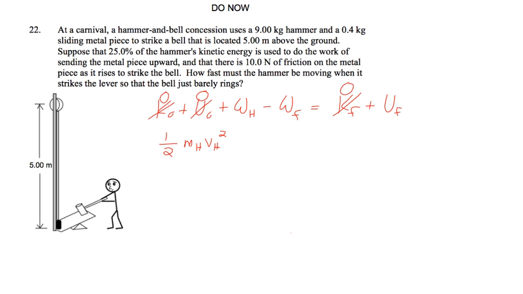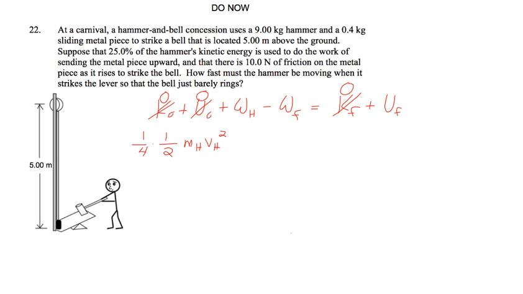But like they said, only 25% of the hammer's kinetic energy is turned into work from the hammer. So I can write 25% as a decimal 0.25, or I can write it as a fraction. What is 25% as a fraction? 1/4. So I'm just going to put in front of this 1/4.